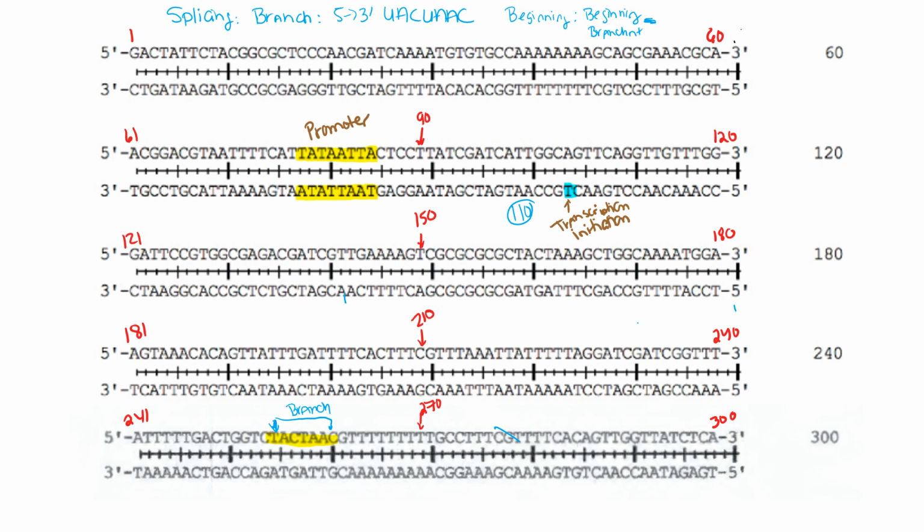In this particular case, subtract 71, so we're going backwards 71 nucleotides. So I need you to know the nucleotide number of the branch. In this case, the branch beginning is position 255, and the last position is 261.